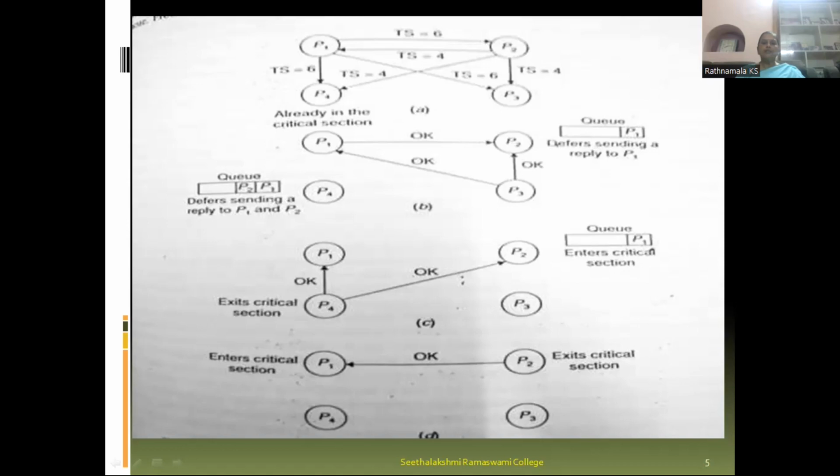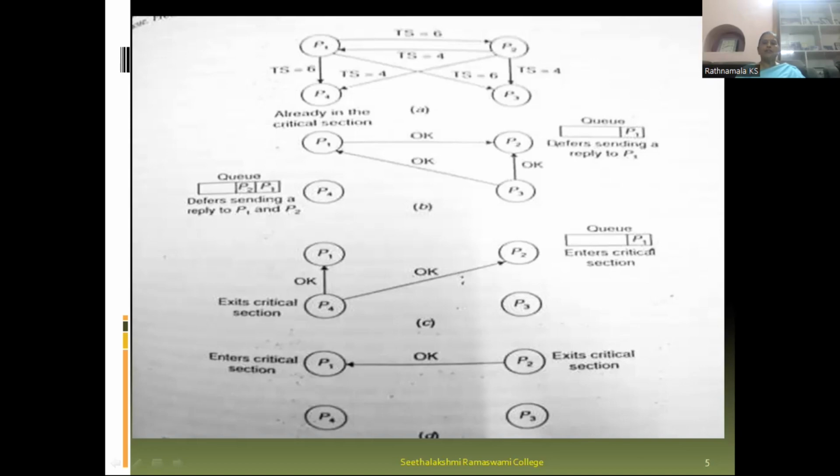Now see the timestamps of P1 and P2. P2 has a timestamp, that is TS, of 4, and P1 has a timestamp of 6. That is, P2 sent the request a little earlier than P1. After that, at 6, P1 issued the request. So now P1 sends a request to P2, P3 and P4 according to the distributed approach.